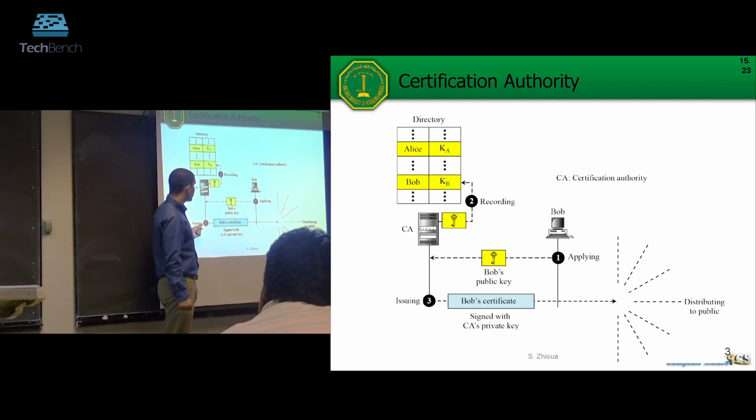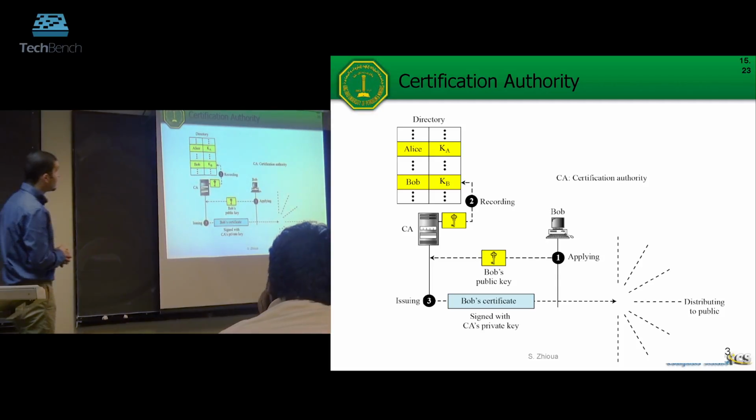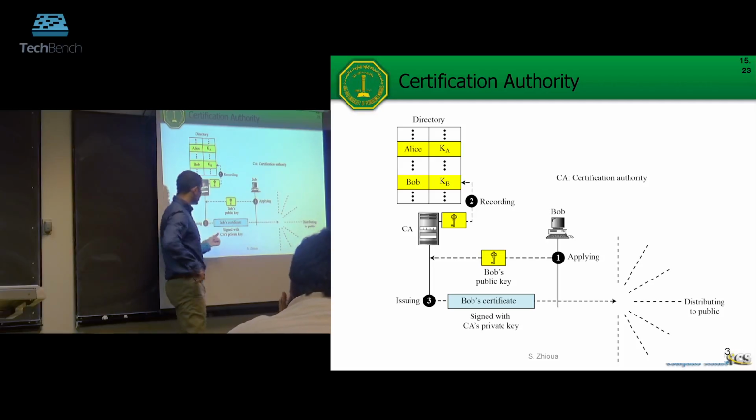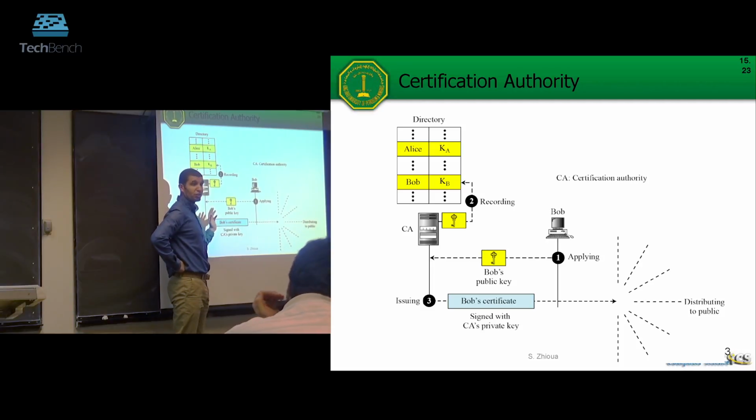It will take care of advertising or distributing that certificate as containing the public key of Bob. So whoever wants to communicate with Bob can use that certificate to communicate securely with Bob. And that certificate is signed with the certification authority's private key. This is the signature.